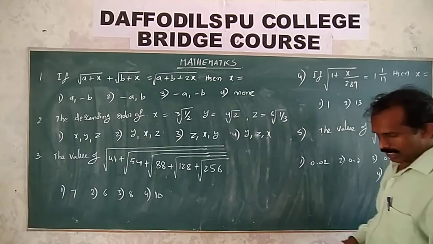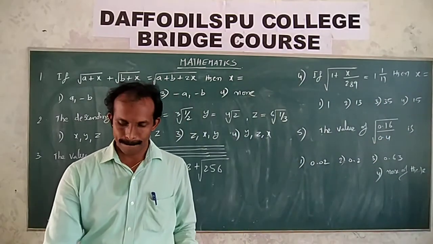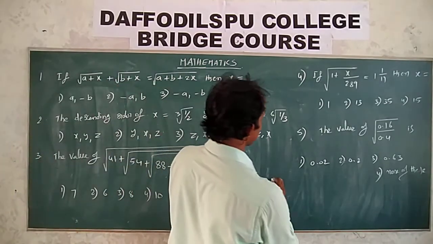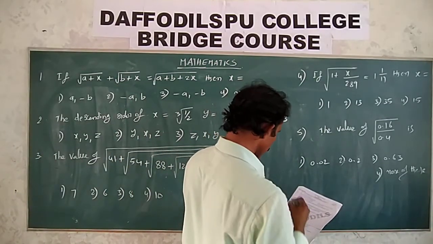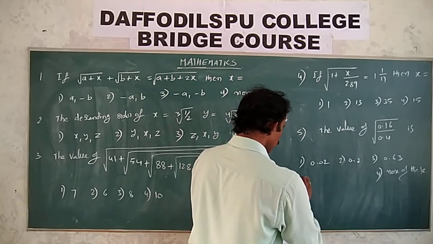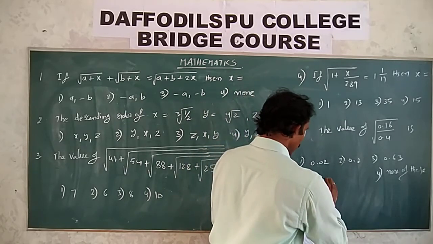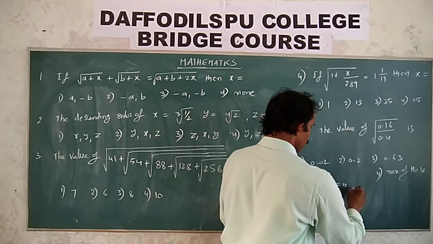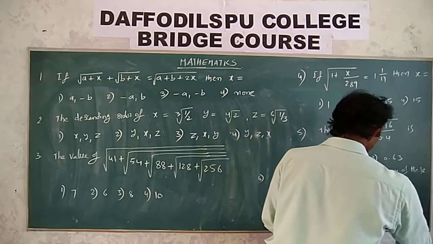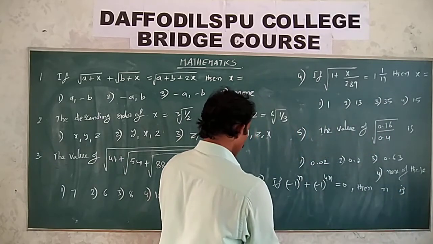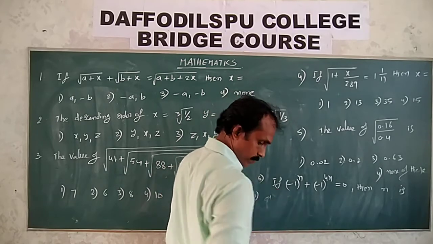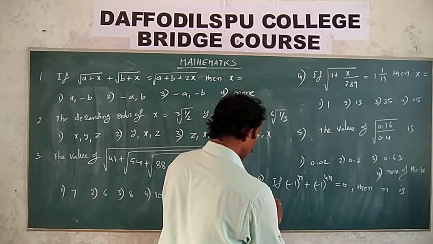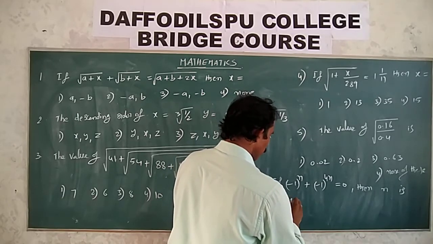Like this, and one more. If minus 1 to the power of n plus minus 1 to the power of 4n is equal to 0, then n is: first option, any positive integer.